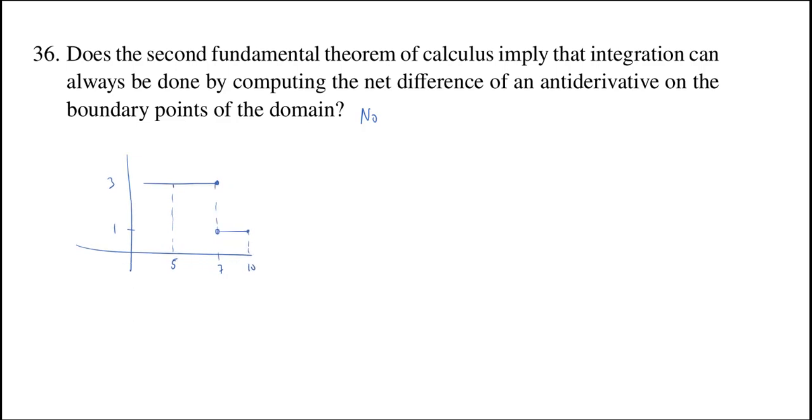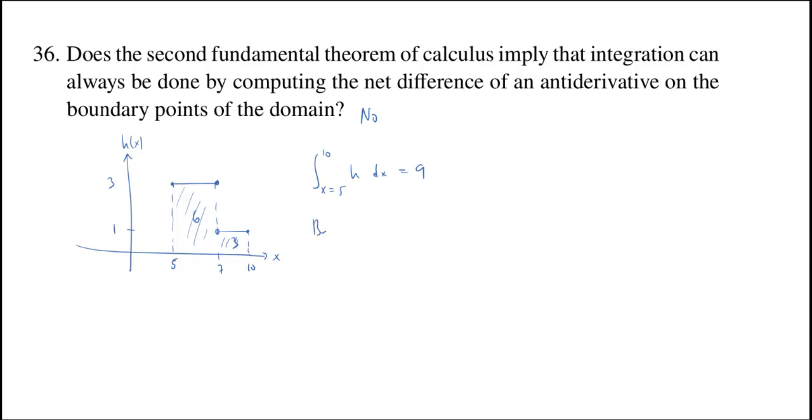So I can very easily integrate this function. We'll give a name to it, we'll call this h. And I can integrate from 5 to 10 this function h. Simply, right, I can just see the area of these things. This one is 2 by 3 is 6, this is 3 by 1 is 3, so this integral is 9.